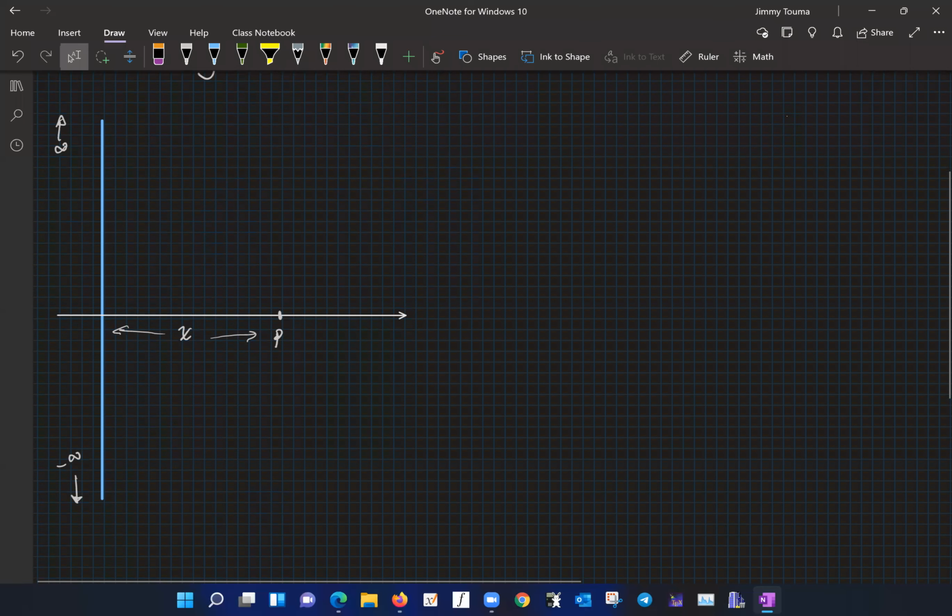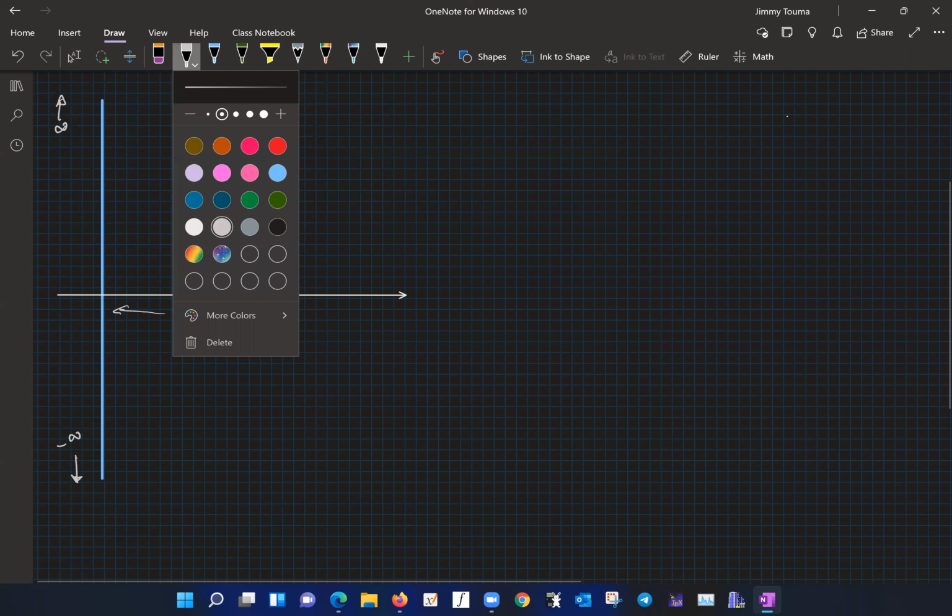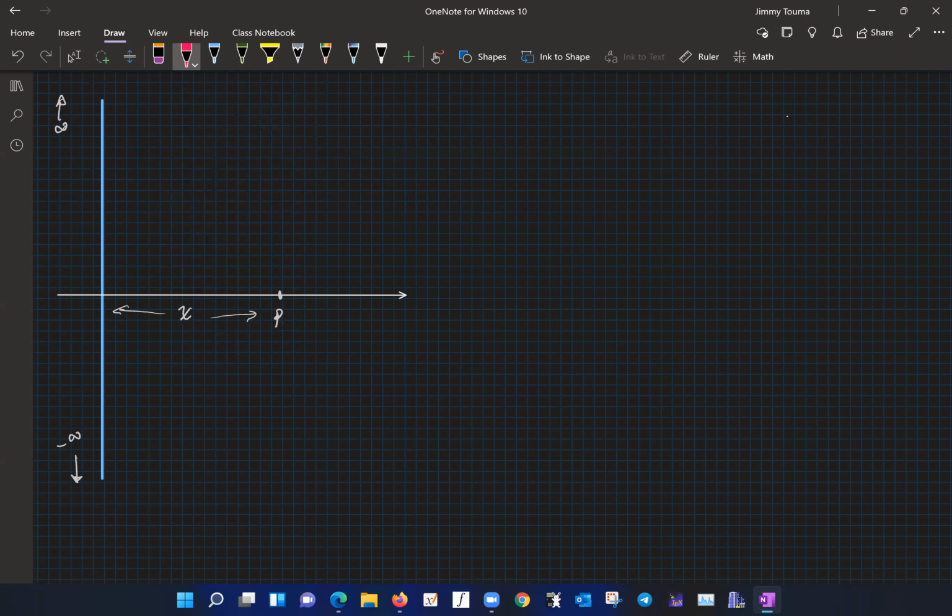So what do we do? Again, we need to apply Gauss's law. Sorry, not Gauss's law, just Coulomb's law. So what we do is, well, we know that E is KQ over R squared, right?